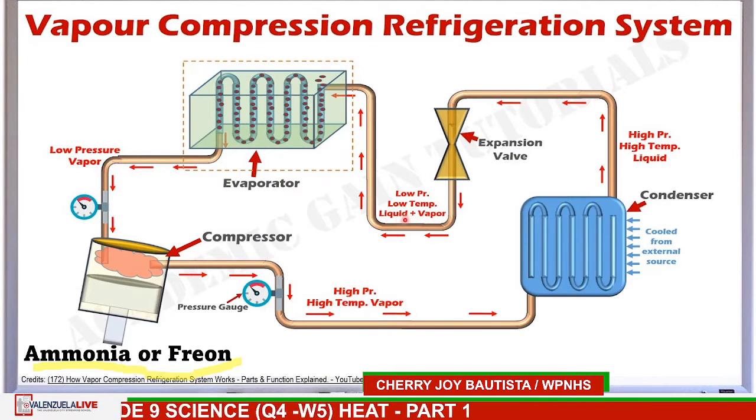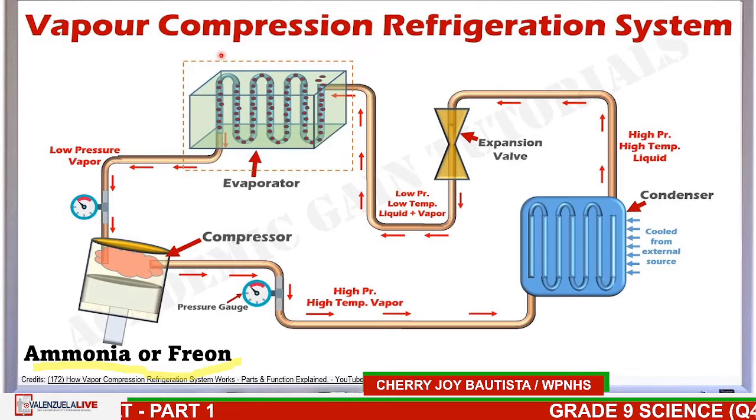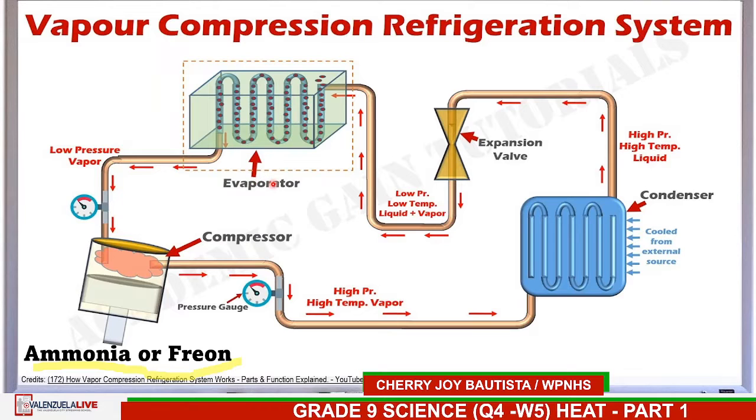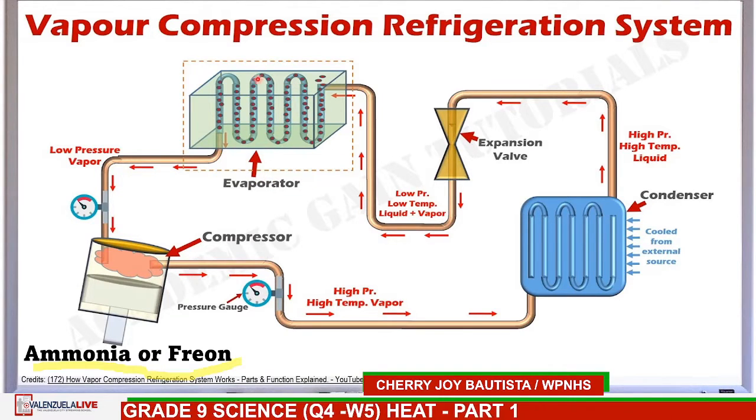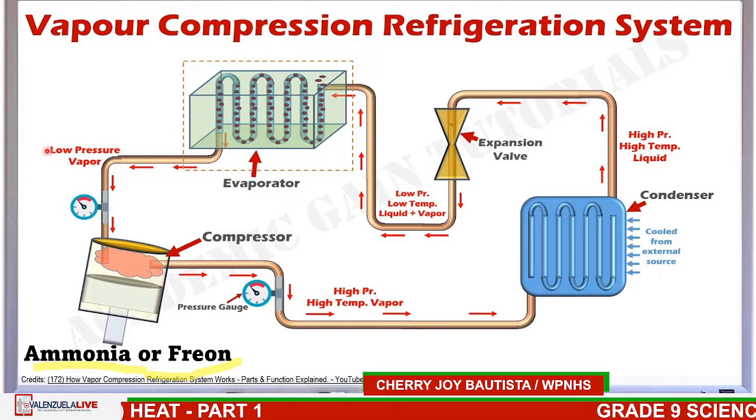Then this will be passed over to the evaporator, where the main cooling effect or refrigeration effect always occurs. The evaporator absorbs all the heat present on the surface of the evaporator coils. Then, this cold, chilled liquid refrigerant will completely turn into low-pressure vapor.